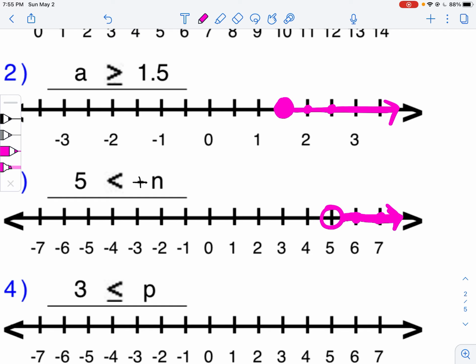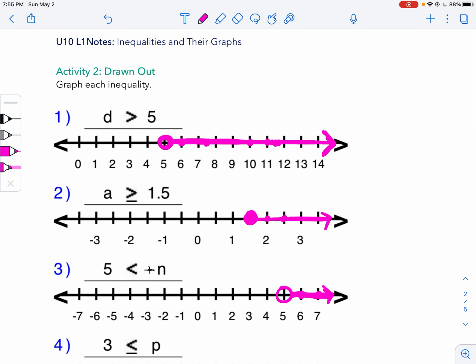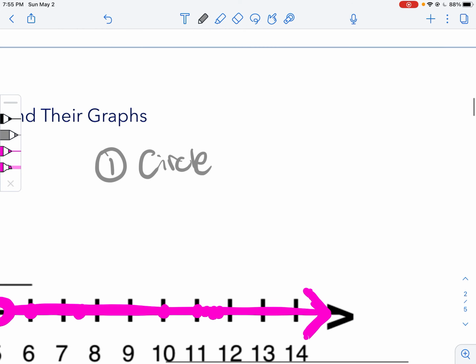Okay, so what's the pattern? I've been doing this backwards actually to show you why this works. But once you get the pattern, let's do this this way. The first step to graphing an inequality is you want to start with your circle. You want to draw a circle around your number. You'll put a solid circle on it if you're using less than or equal to or greater than or equal to.